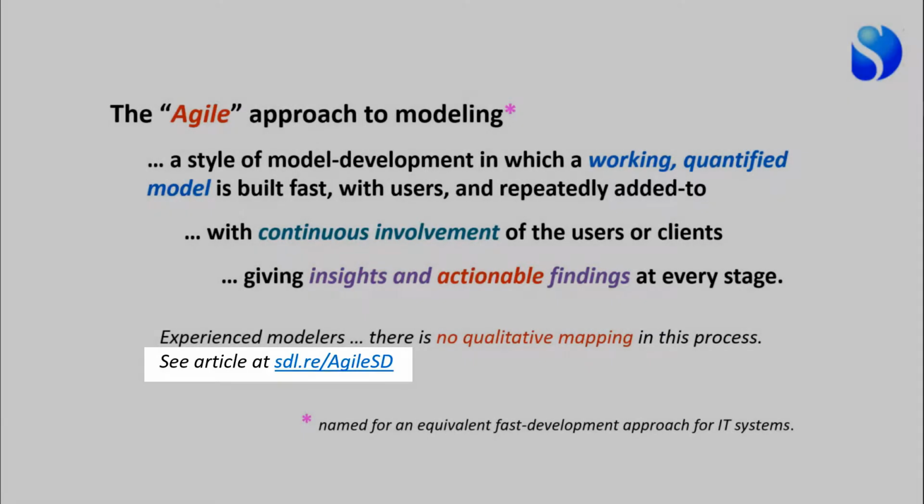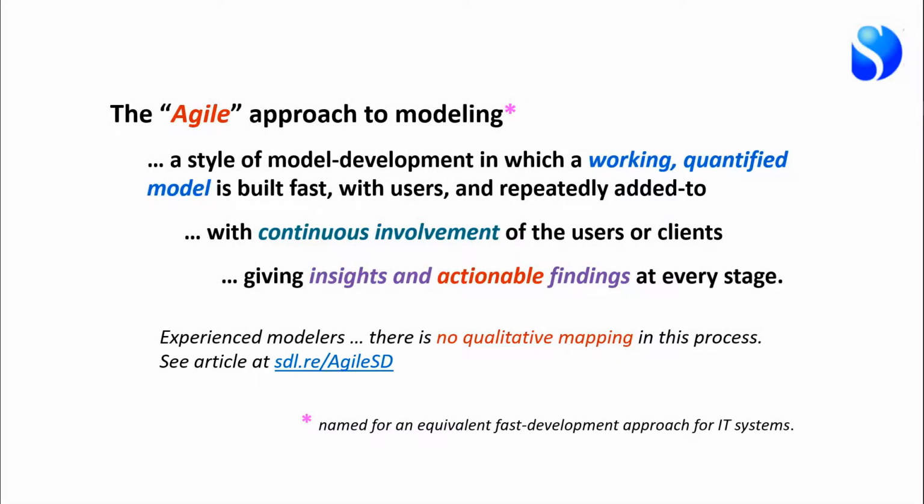In that article, it explains that the approach is named after an equivalent fast development approach that's been used for many years in the IT world to help IT developers build IT system solutions for people and actually with people, rather faster than traditional planned approaches to IT systems development. So that's where the agile word came from.